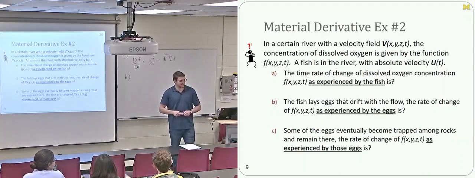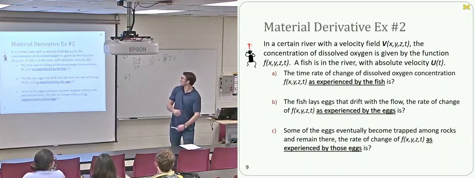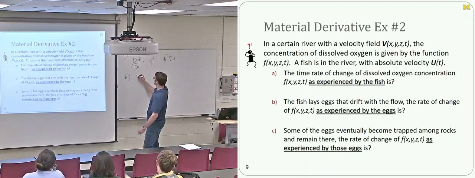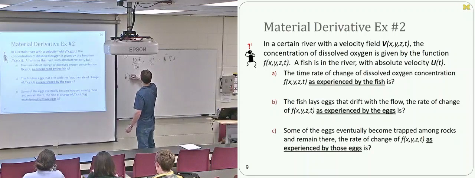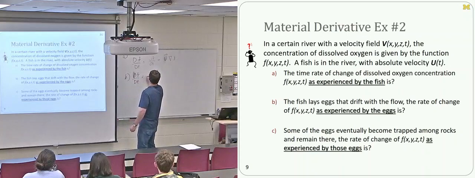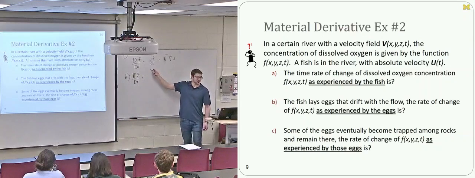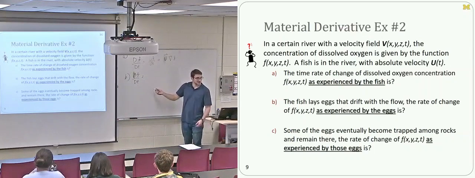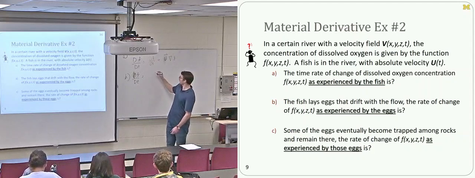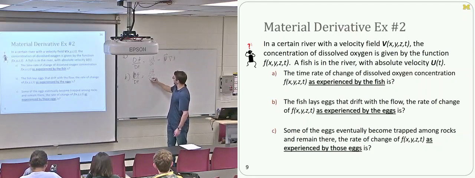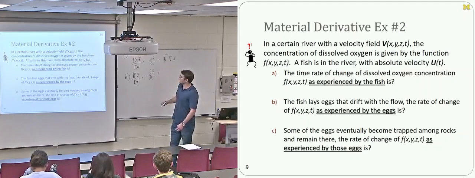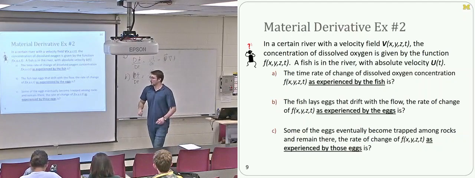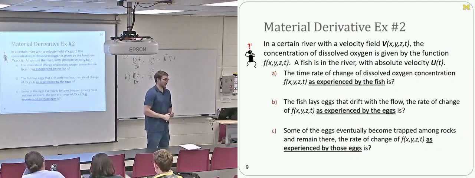Jackson. It's Eulerian, so is anything going to change about our assumption about the steadiness? No. Okay, so we have partial f partial t plus, we have eggs drifting along with the current of the river.